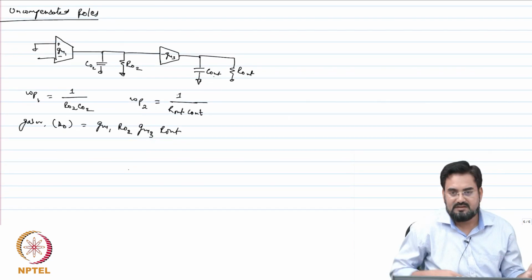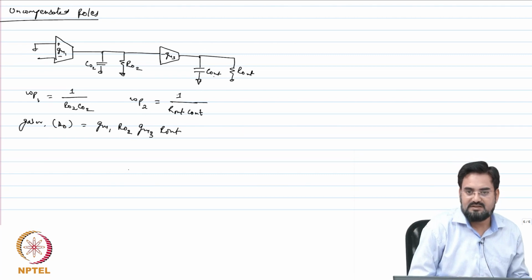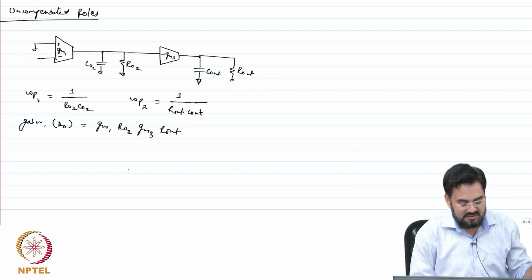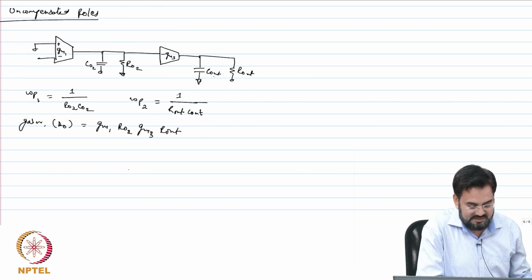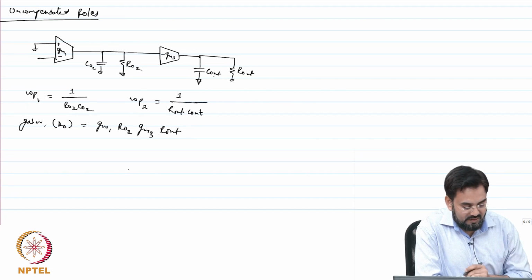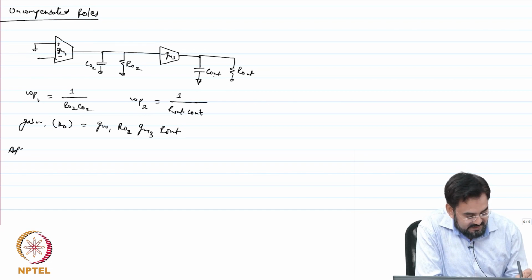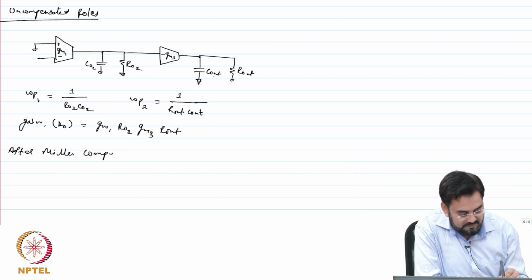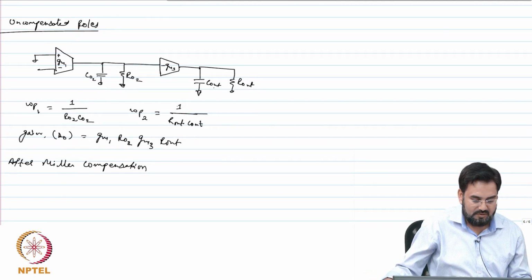So, from here you can write the complete transfer function in the form of A naught over 1 plus S over omega P1 into 1 plus S over omega P2. So, this is uncompensated. Now, after compensation, let us see what happens after Miller compensation. So, I will just copy this.